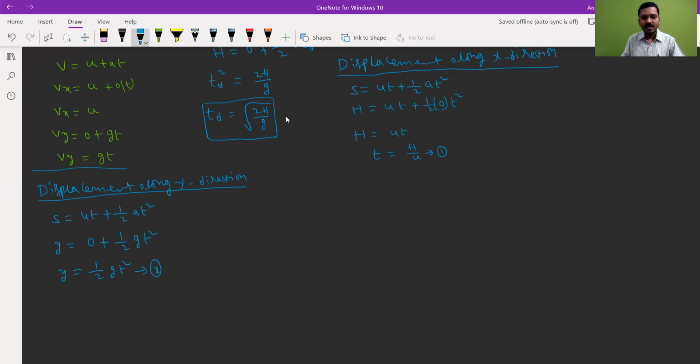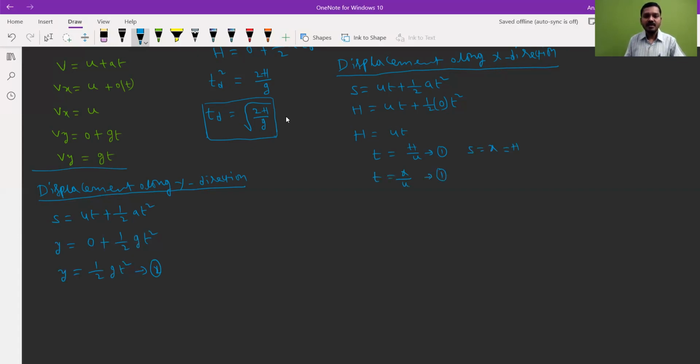This is equation 2. But in equation 1, we can change it: displacement s we can take as x, because here the distance traveled by the body along the x direction is equal to h. So time t is equal to, in place of h, I am substituting x divided by u. So this is equation 1.